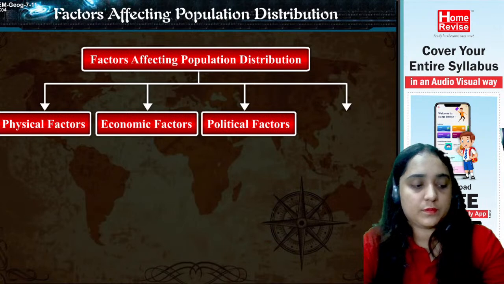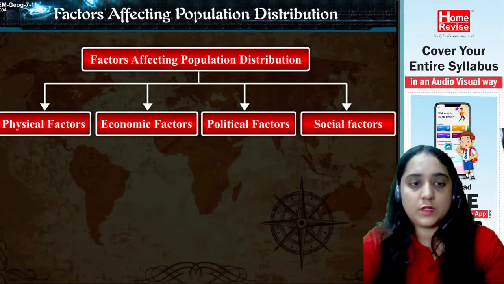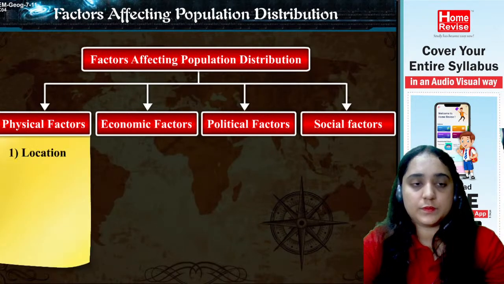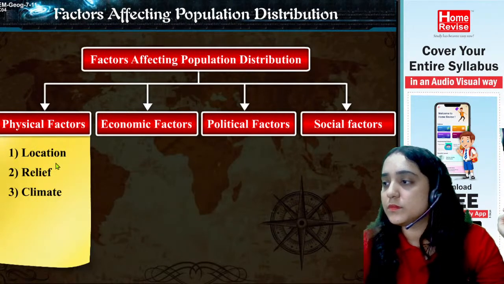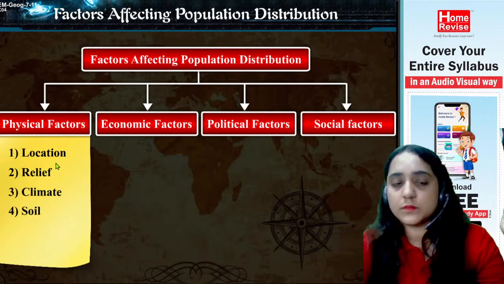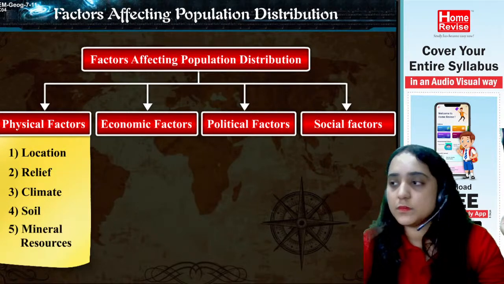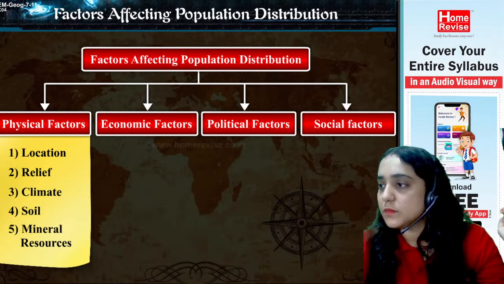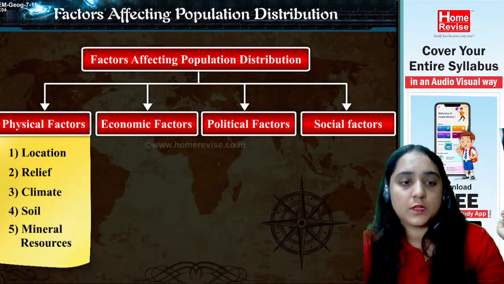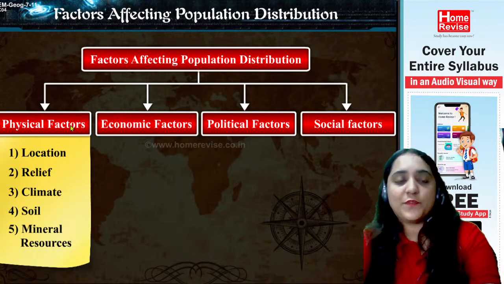Political factors and social factors. The physical factors are: 1. Location, 2. Relief, 3. Climate, 4. Soil, and 5. Mineral resources.